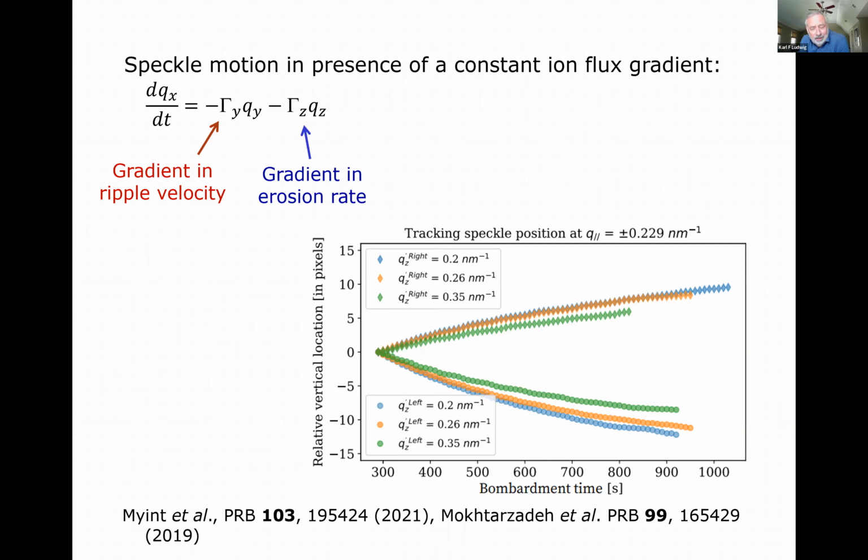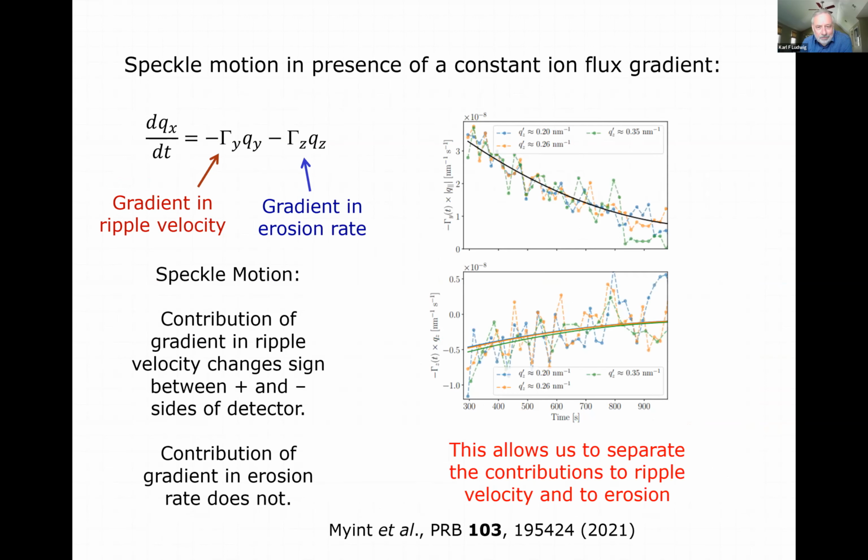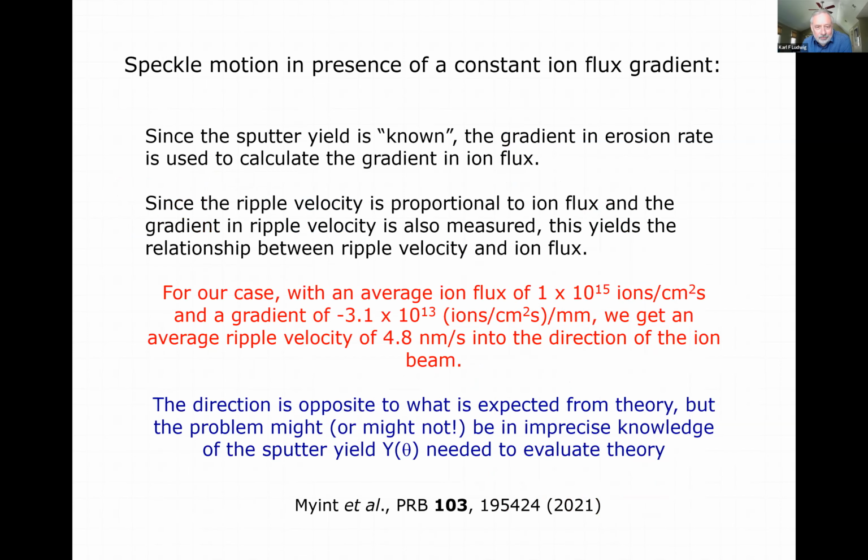But a gradient in ion flux also means a gradient in erosion rate. So we also have a term that depends on QZ. And by looking carefully at how the speckles tracked on each side of the detector from plus QY to minus QY, you could figure out the gradient in the erosion rate as well as the gradient in ripple velocity.